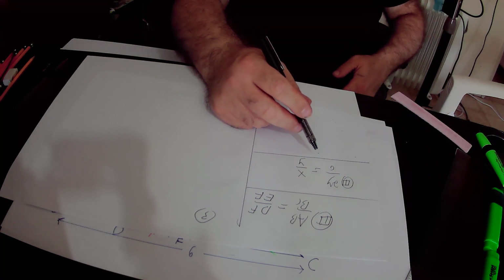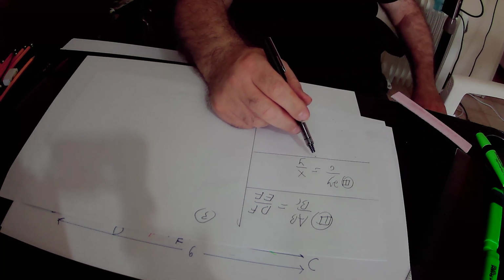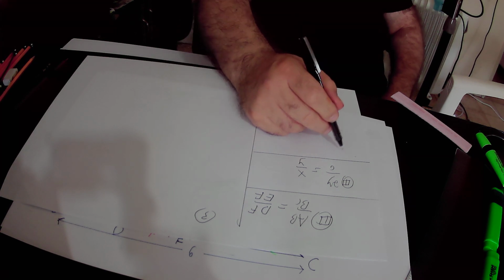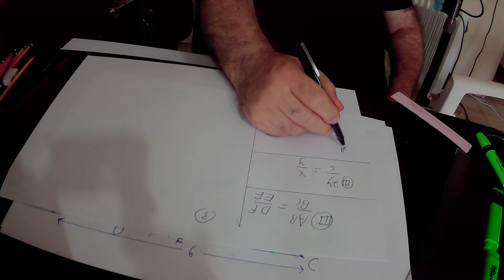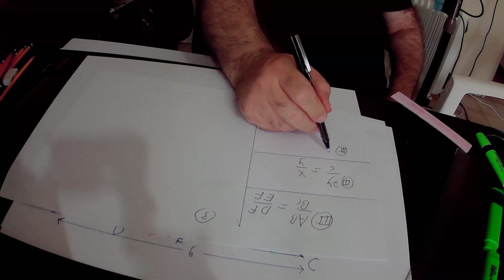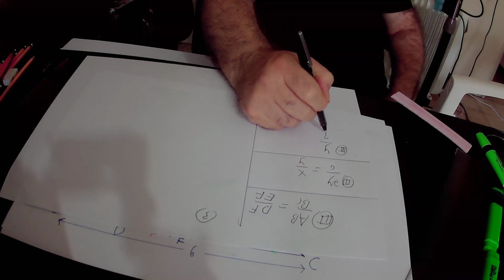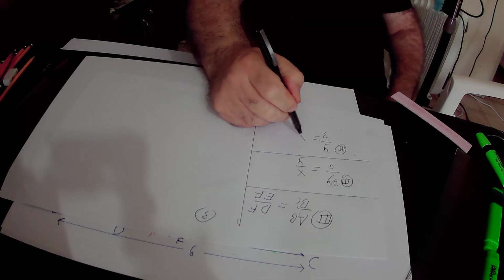Here we will divide both the numerator and the denominator on this side of equation number 3 by 2. So 2y over 2 is y, and 6 over 2 is 3, so y over 3 equals x over y.